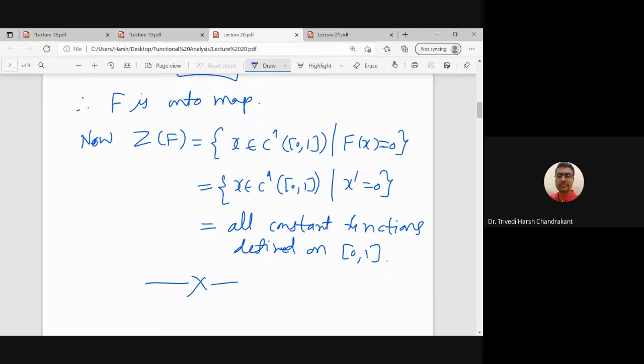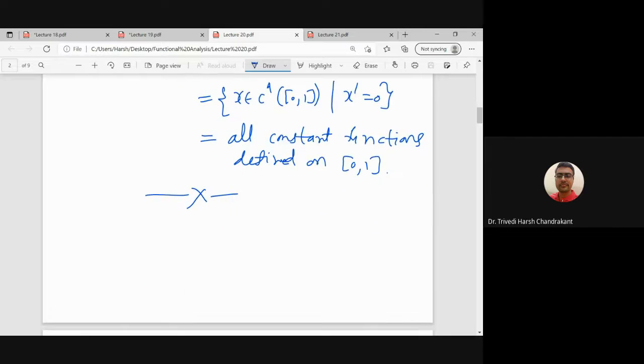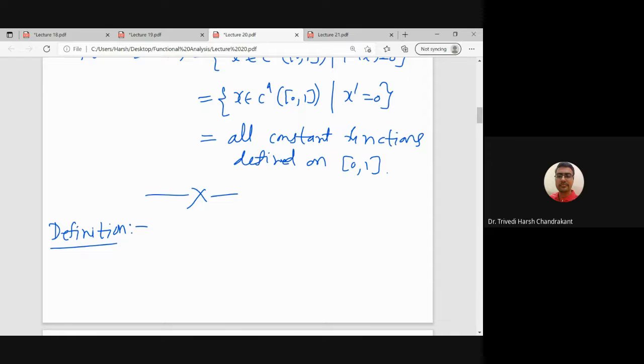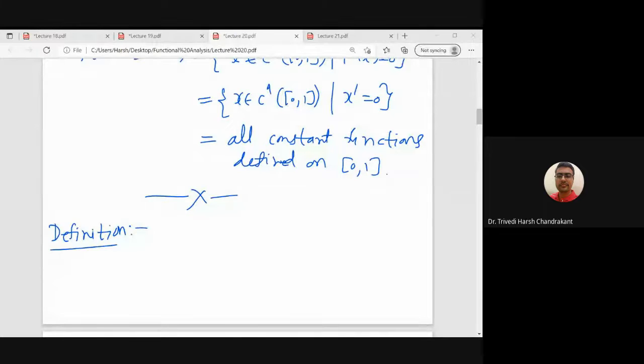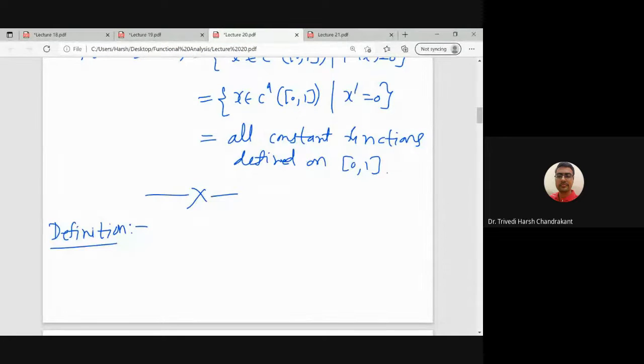Now, if you recall, we discussed some definition of functionals. So can you recall what is the definition of functional? We defined functionals when we discussed some results of linear algebra. Functionals are basically the linear maps whose codomain is one dimensional.